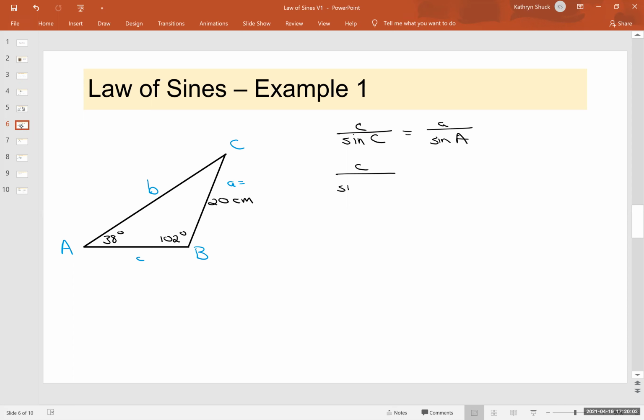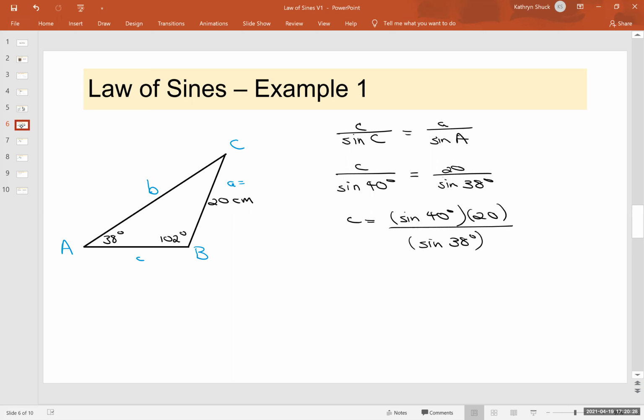So C is to sine of 40 degrees as 20 is to sine of 38 degrees. So C is sine 40 degrees times 20 divided by sine 38 degrees.